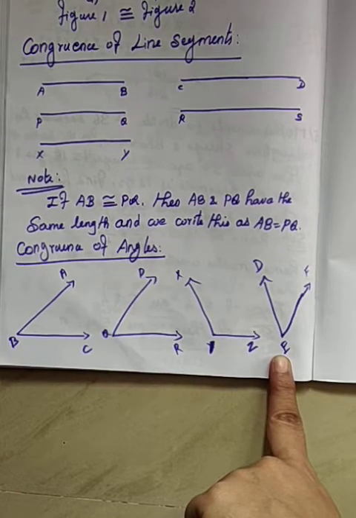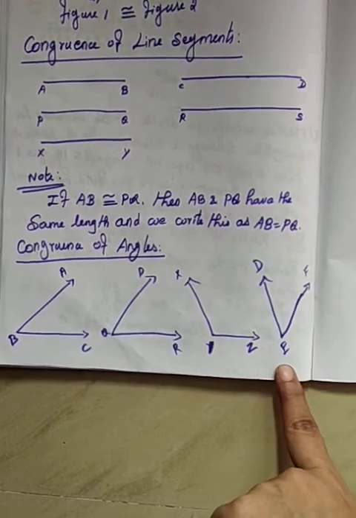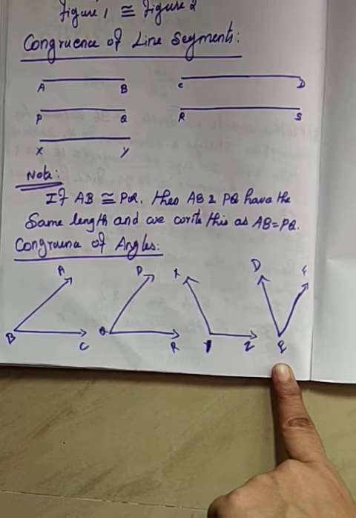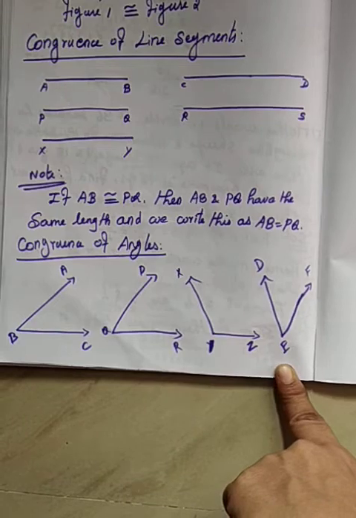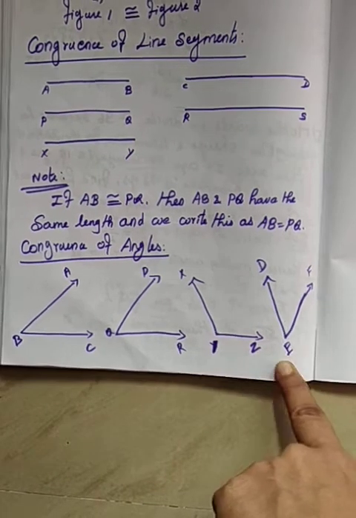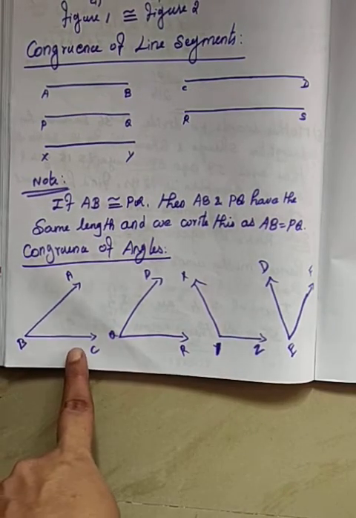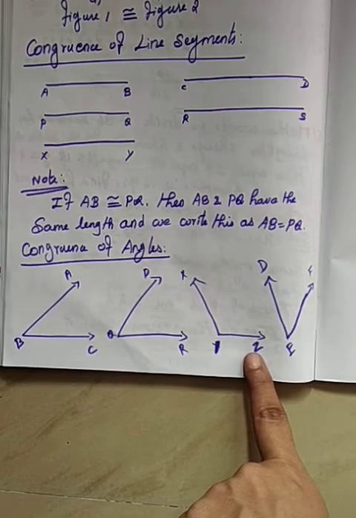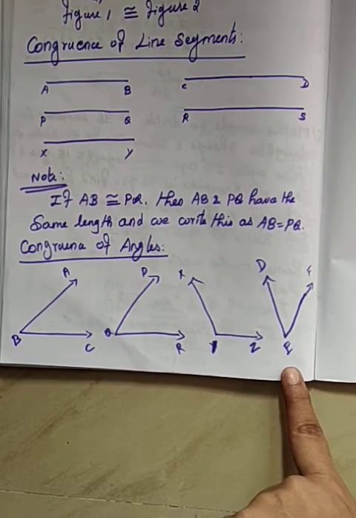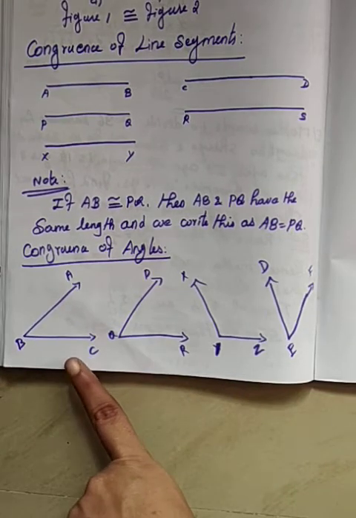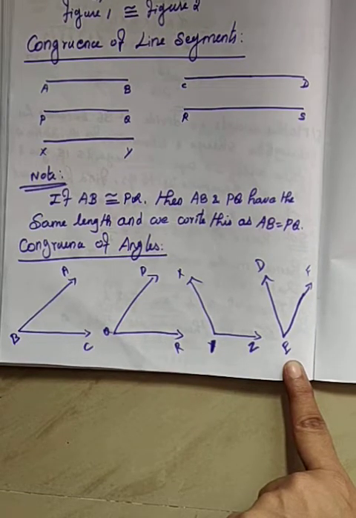If you superimpose the replica of angle ABC on angle DEF, you can see that they are also congruent.